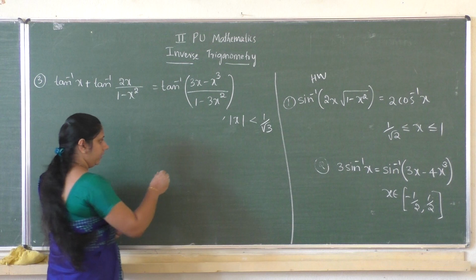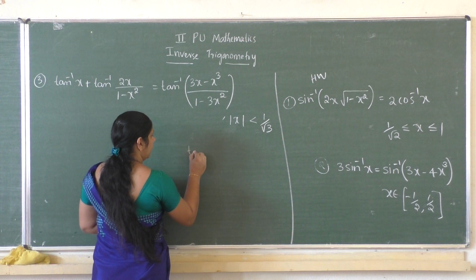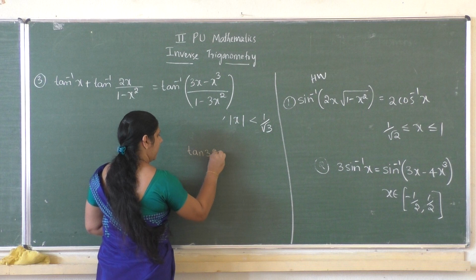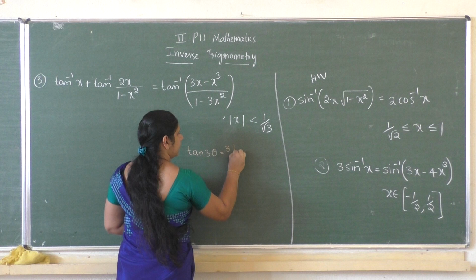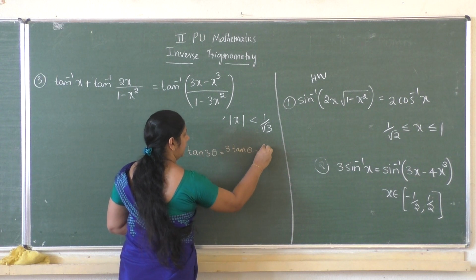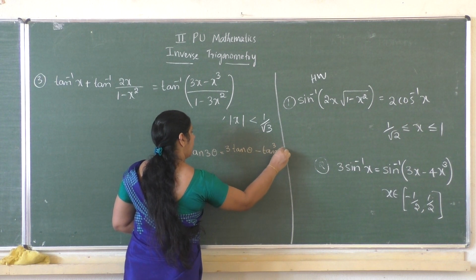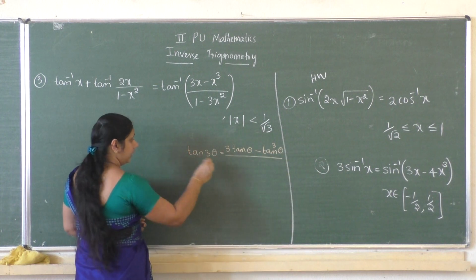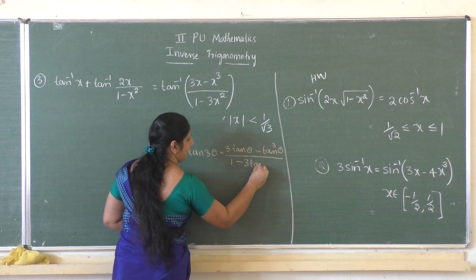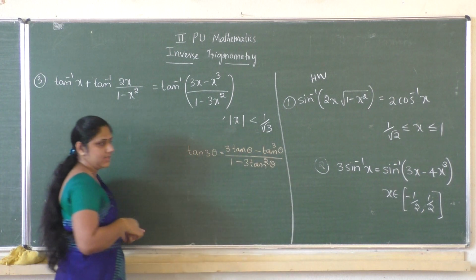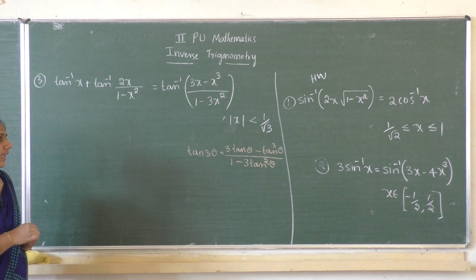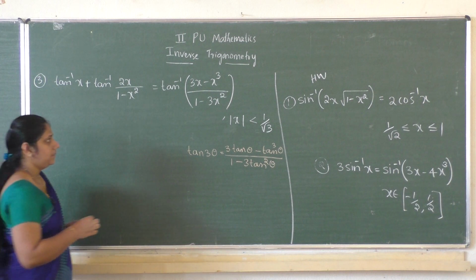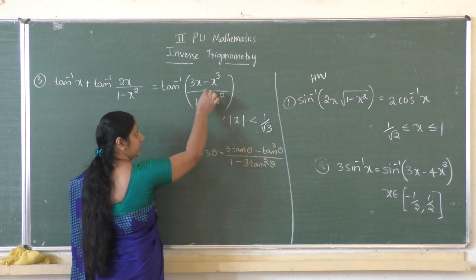See, in trigonometry we have one formula for tan 3 theta, right? What is the formula for tan 3 theta? It is 3 tan theta minus tan cube theta divided by 1 minus 3 tan square theta, right? Now compare this term with this term.